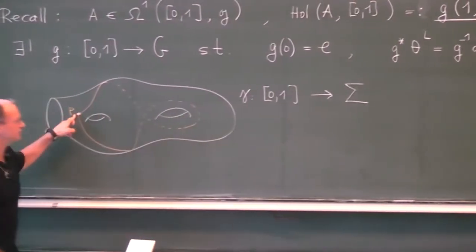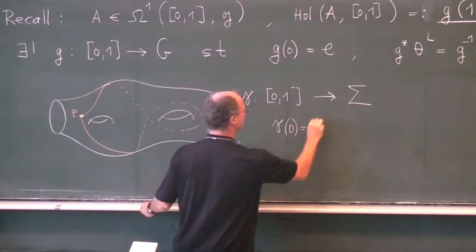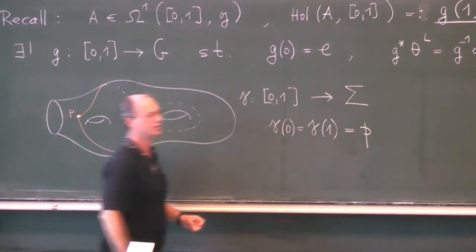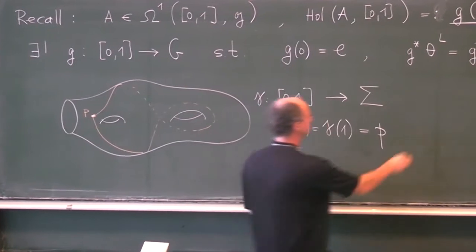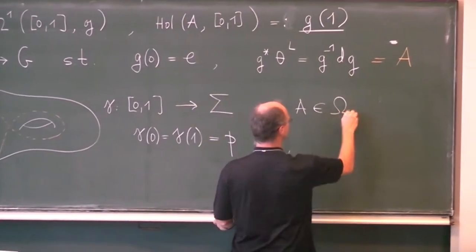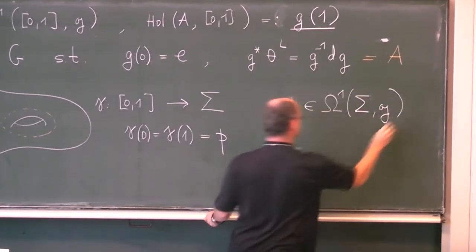In this particular case, it's a closed curve, so gamma of 0 is equal to gamma of 1 and is equal to P. And we assume that we have a flat connection on sigma.